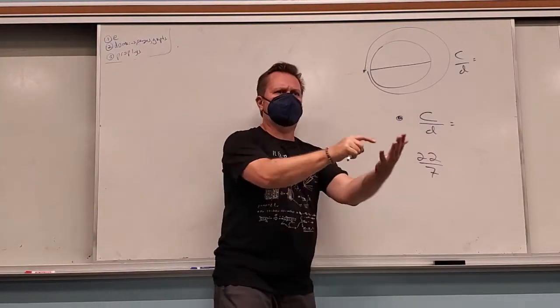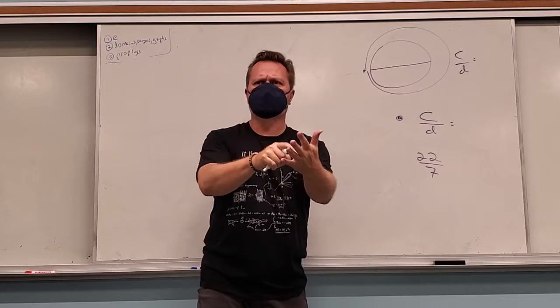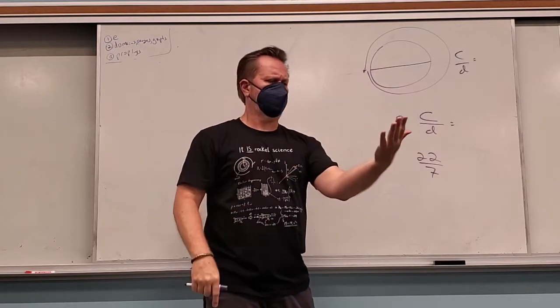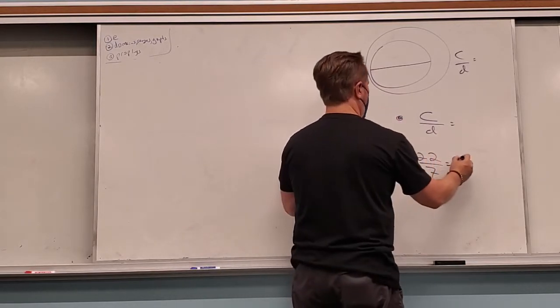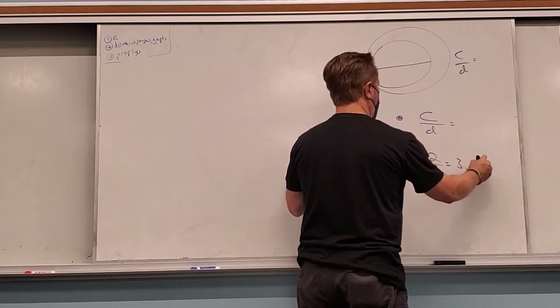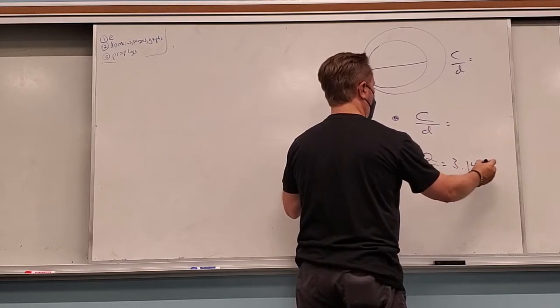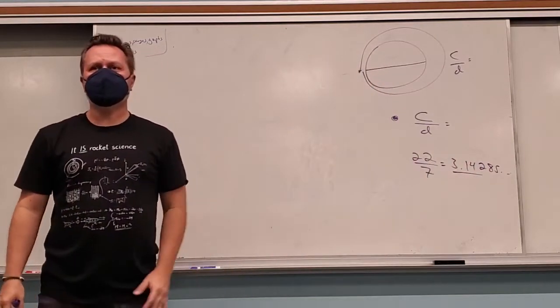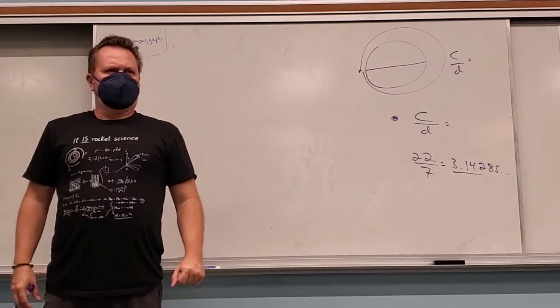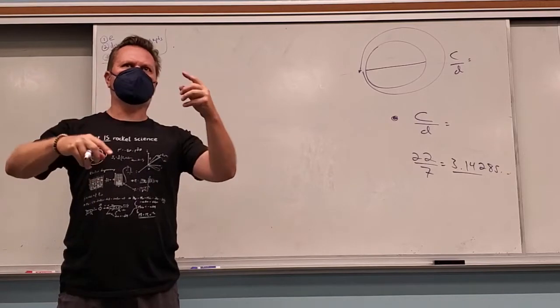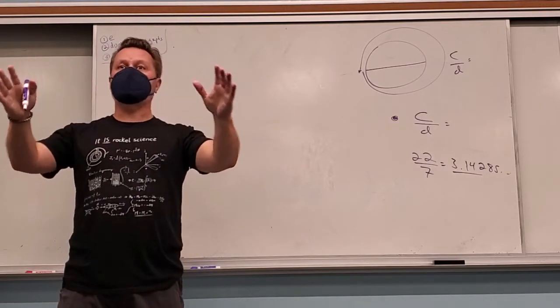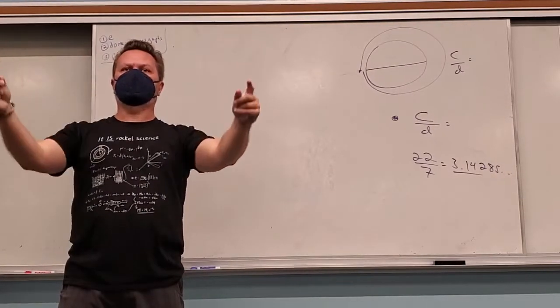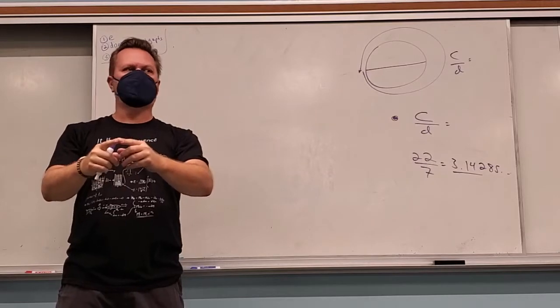What is 22 divided by 7? Does anybody have a calculator right there? 3.142857, blah, blah, blah. That's a pretty good approximation. So over the years, people tried, by hand, to come up with a better and better approximation of what pi is.